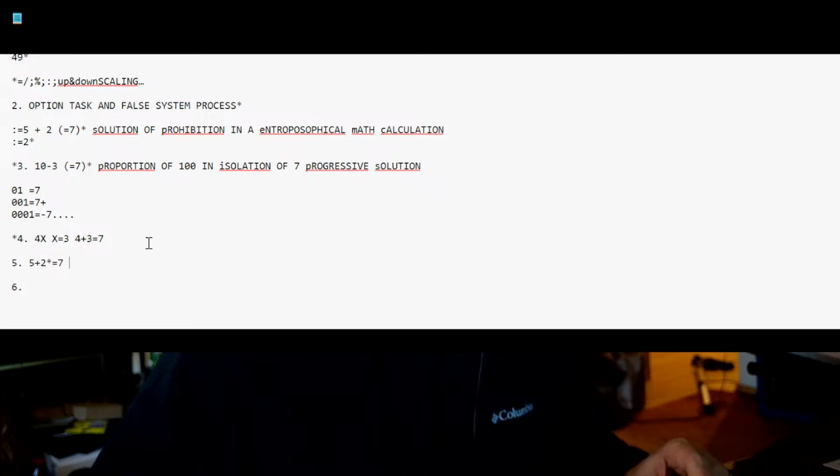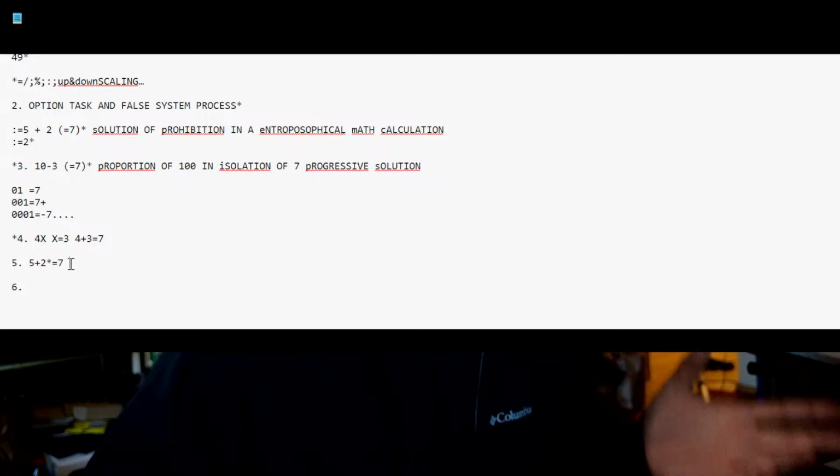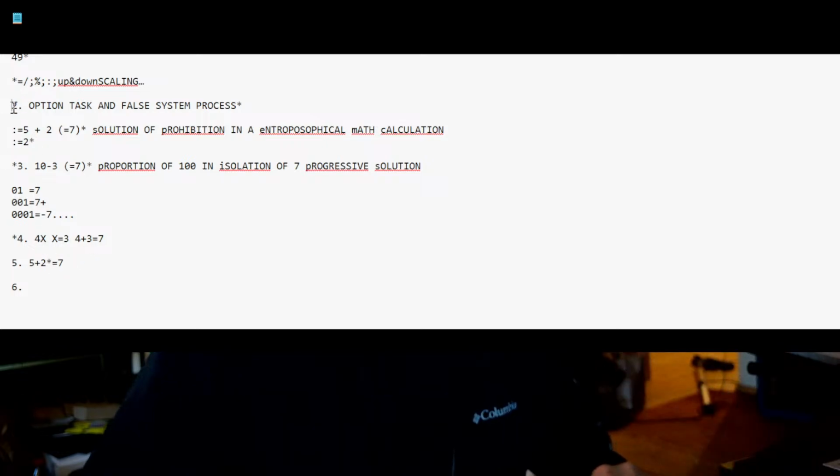Maybe it's controlling the file system process when the 2 is option task. No, then is this the file system process? Then is this maybe the option task? Yeah, it's something of this kind. 2 with 2, yeah. It is something with this.